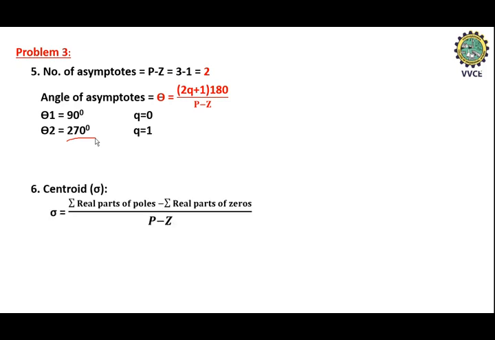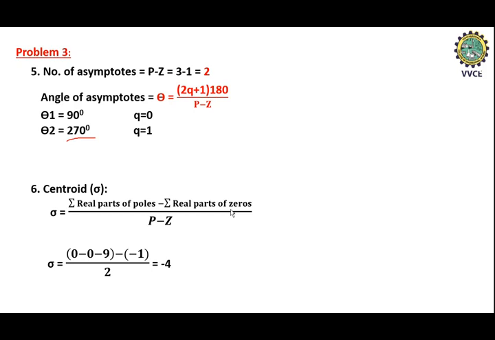And to indicate the starting point of the asymptotes from where the directions of 90 degrees and 270 degrees start, you need to find the centroid using the equation: sum of real parts of the poles minus sum of real parts of the zeros, divided by p minus z. The real parts of the poles are 0, 0, -9, all are real, and the real part of the zero is -1. There is no complex pole in the given transfer function for this problem.